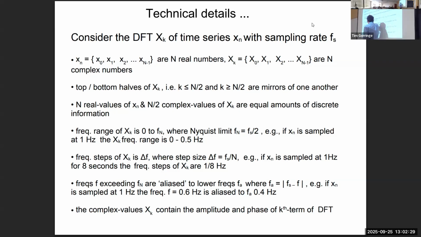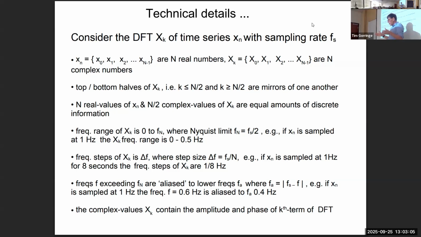Okay. Let me say something about, in this bullet here, the frequency range. We measure some time domain data. What's the range of frequencies for the frequency domain data? Well, the range of frequencies is determined by the sampling rate at which you sample your time domain data.